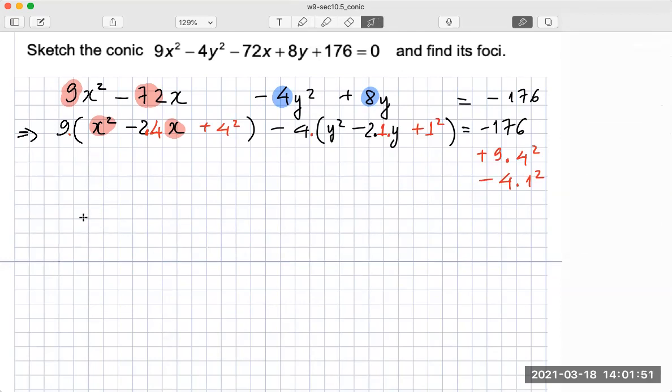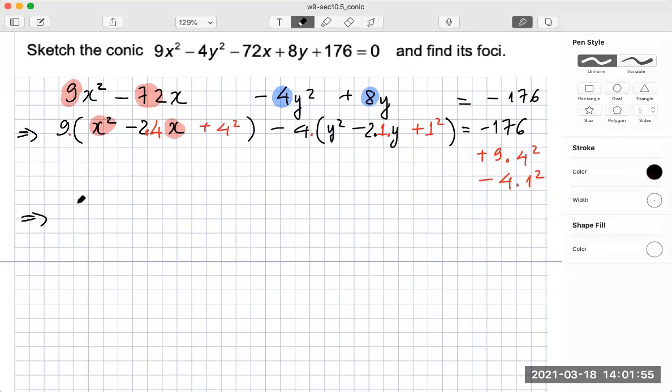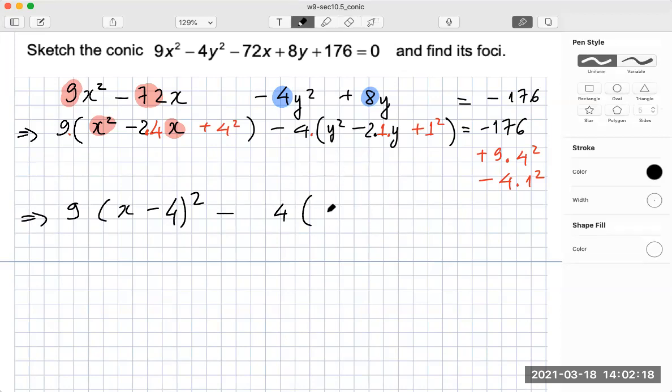Therefore, the left-hand side becomes, what is it? 9 times (x minus 4) squared, and here minus 4 times, what is it? (y minus 1), very good, squared.